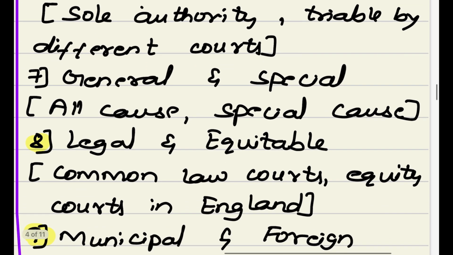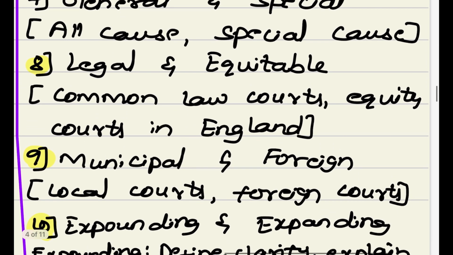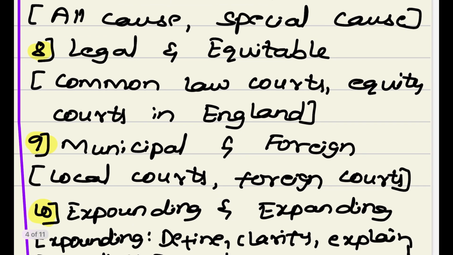The next is general and special jurisdiction. In general jurisdiction we have all causes. For all causes we can file the suit, and in special courts we can apply for special cases or causes only. And the next is legal and equitable jurisdiction. Legal is for common law courts, and equitable is equity courts in England.